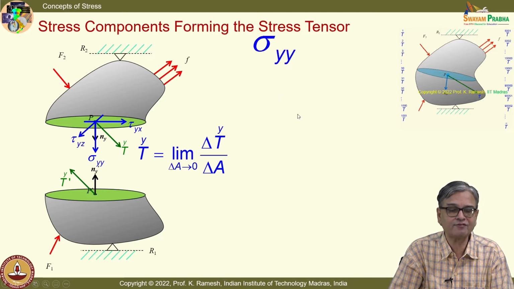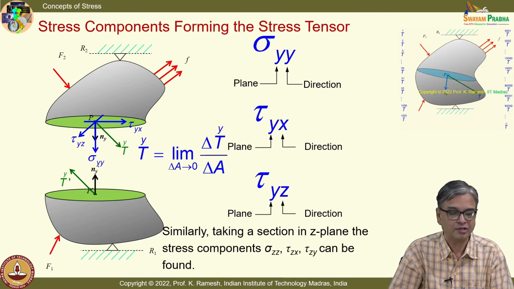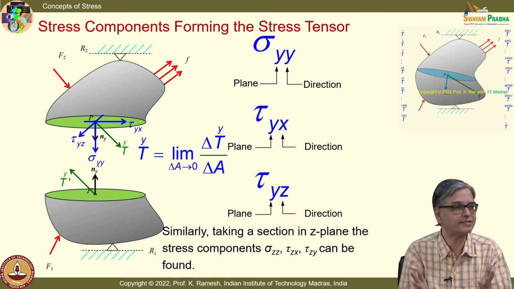Sigma yy shows the plane and the direction. Similarly, I can write it for tau yx: the first subscript denotes the plane, the second subscript denotes the direction. Similarly, I have tau yz. On similar lines, if you take a plane passing through the z plane, you can write the quantities that happen on the z plane.